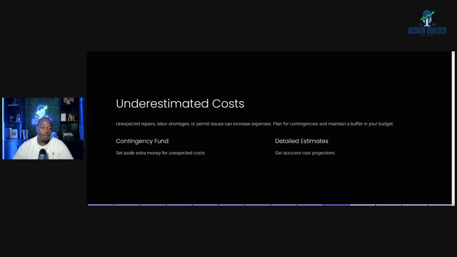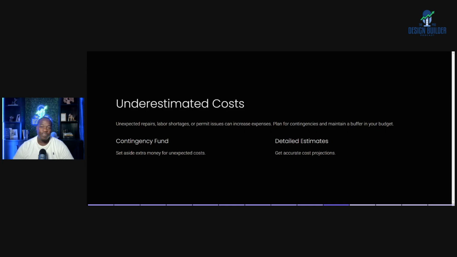Unexpected repairs, labor shortages, a permit issue can increase expenses. Plan for contingencies and maintain a buffer in your budget. Always have contingency funds for things that run over, especially with pre-existing conditions. There's always something that pops up that you may not have been aware of, but as soon as you touch a wall or open up a wall, it's something you have to address.